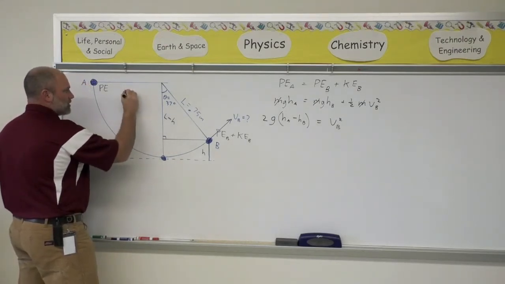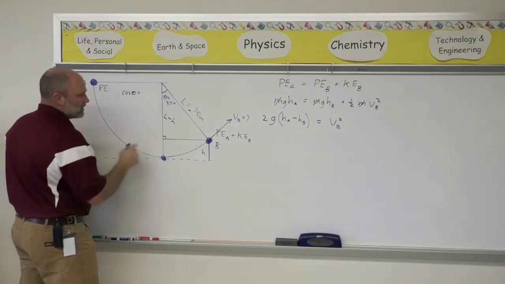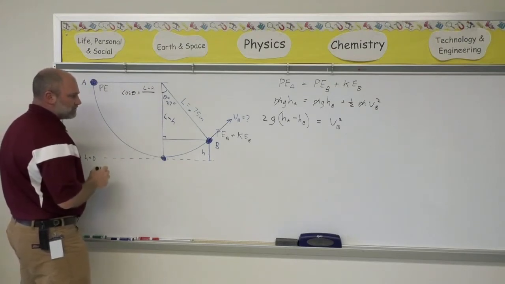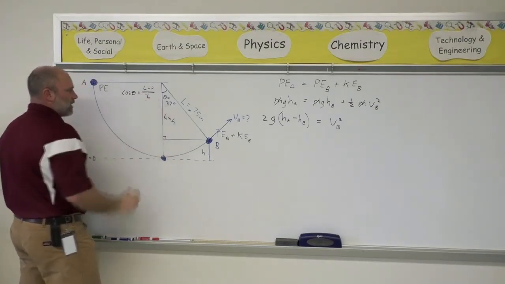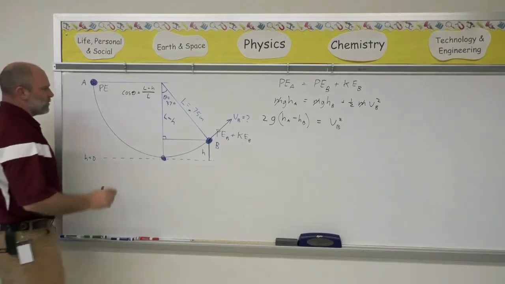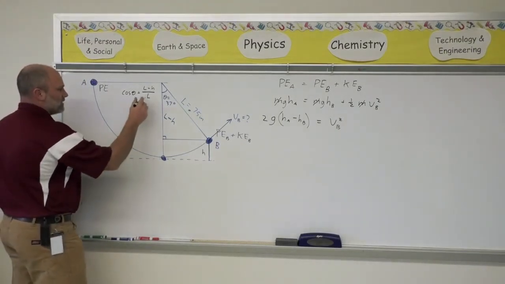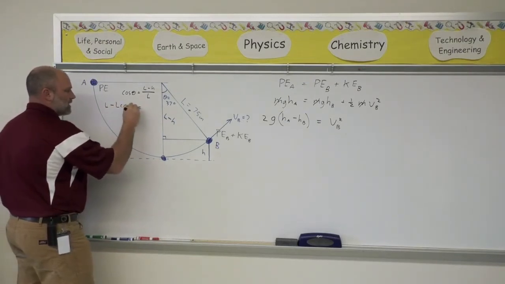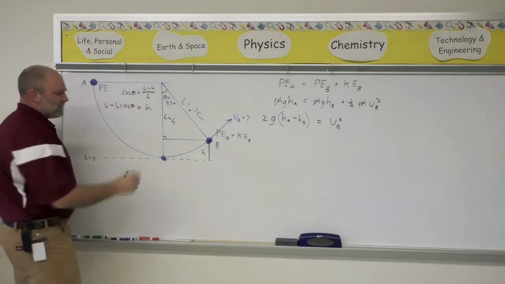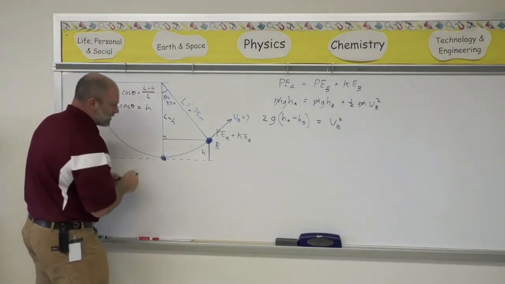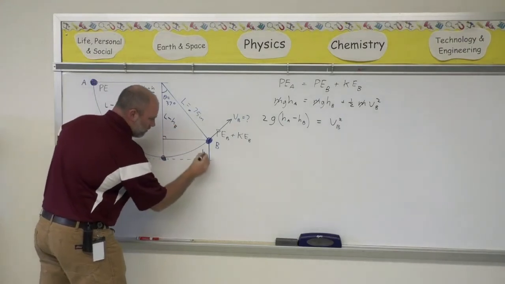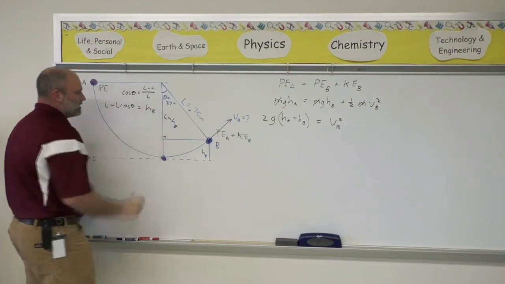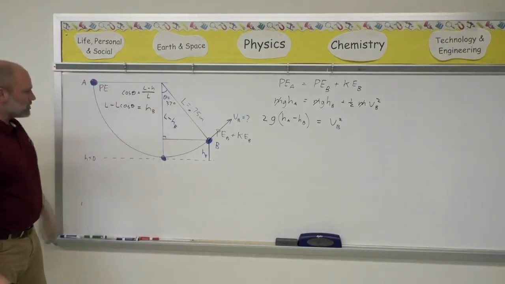So I might write cosine of the angle is adjacent, that's L minus h, divided by the hypotenuse, which is L. And if I rearrange that equation, we find out that h is L minus L cosine theta. And I should probably be clear here, that's the height at B. That's the h that we're talking about there. The height at B is L minus L cosine theta.